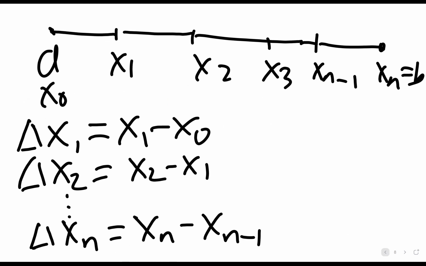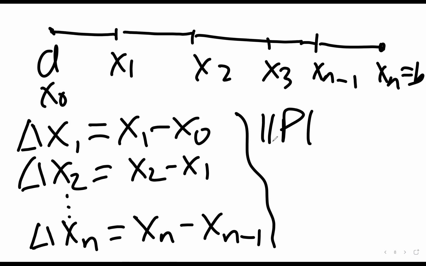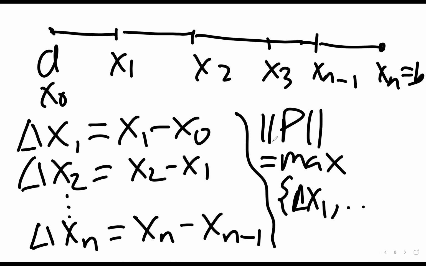And then the idea is that we will consider the largest value of the length of the subintervals here as the norm of the partition. So the norm of the partition is the maximum value of delta x1 until delta xn.